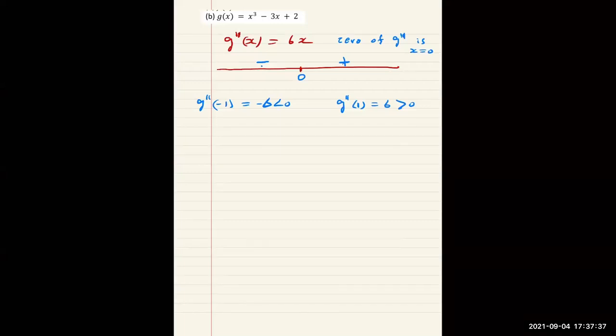Now I can use the previous theorem to determine where my function g is concave up and where it is concave down. As you can see, your f double prime is negative on this interval. That means your function has to be concave down in this interval. F is concave down on minus infinity comma 0.